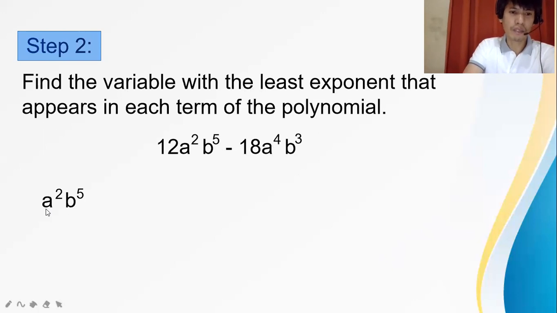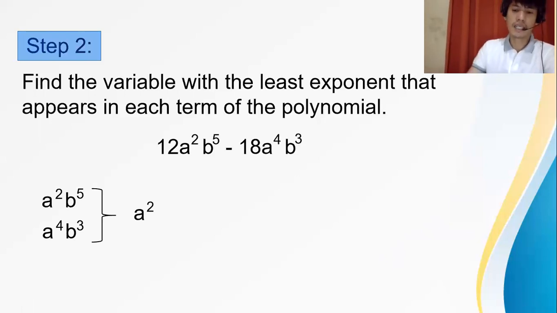So, this is the first term, a squared b to the 5th power. Next, a raised to 4, b raised to 3. Then, factors.